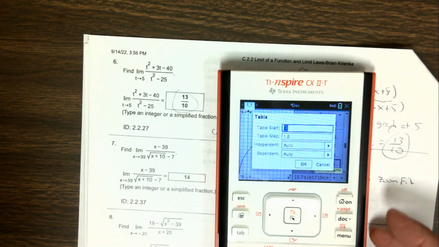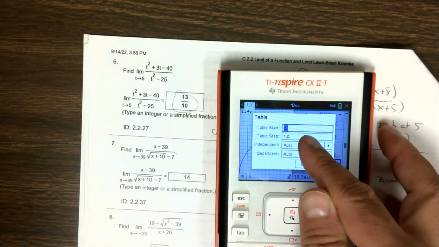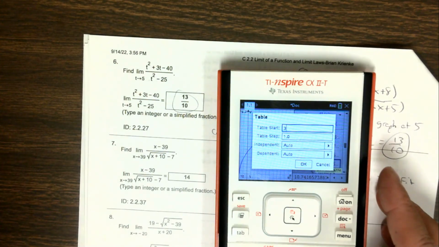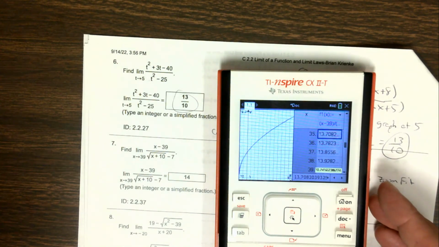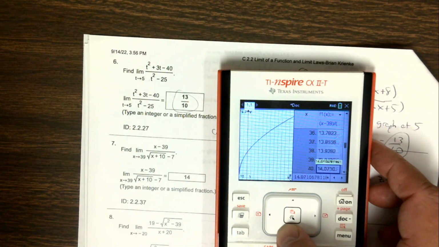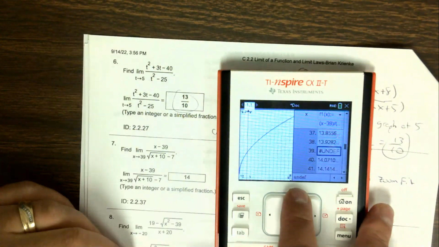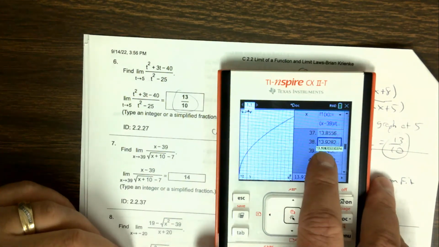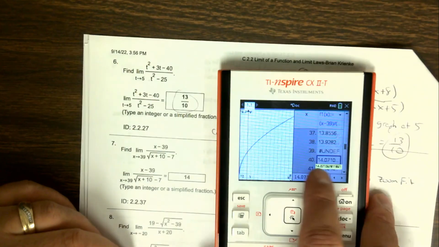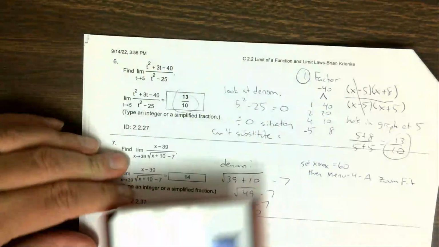And we just want to start our table like right around there. And we're still counting by ones. And notice that it's undefined right there. But on 38, it's 13.9, and on 40, it's 14.0.